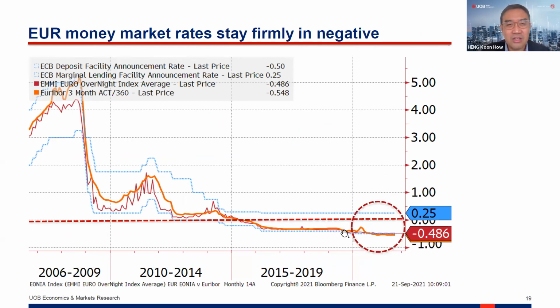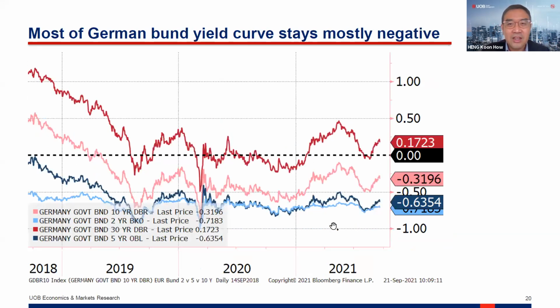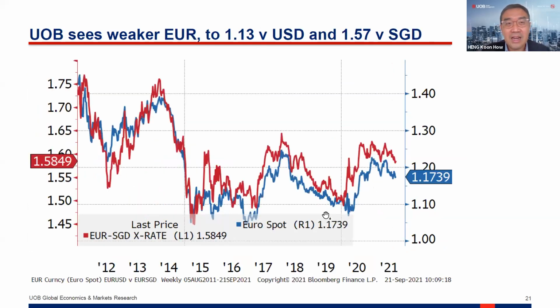And the odds of the ECB hiking rates anytime before the Fed is just not there. So you find that German bond yields are still mostly stuck in negative territory throughout most of the yield curve. And our view is that we see a weaker euro all the way down to about 1.13 by the middle of next year, from about 1.17 now, and about 1.57 against the Sing from about 1.58 now.